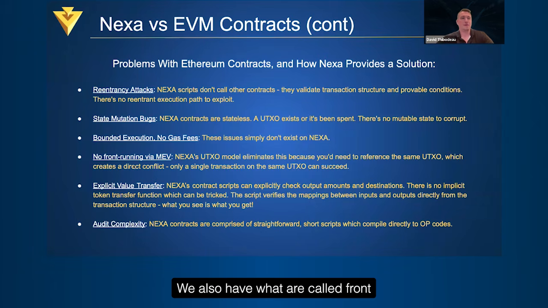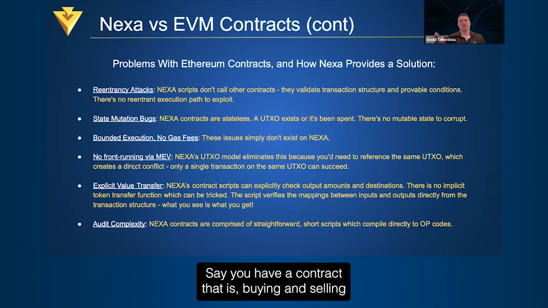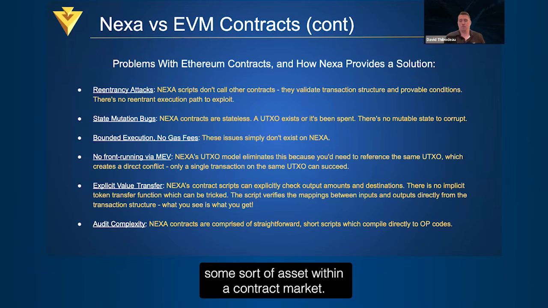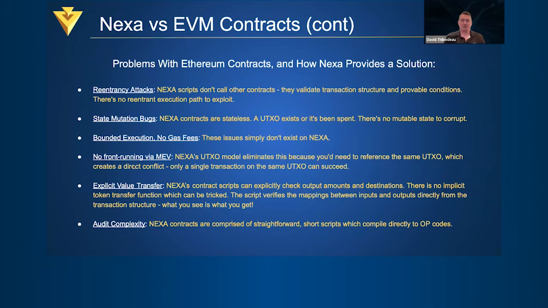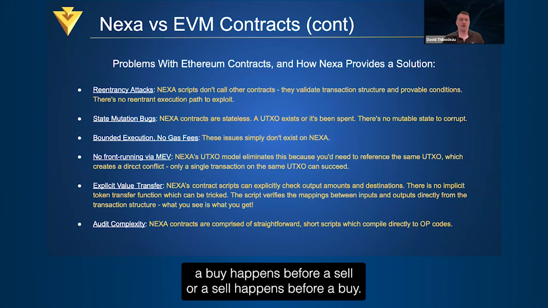We also have what are called front-running attacks, where miners can reorder in Ethereum smart contracts. Say you have a contract that is buying and selling some sort of asset within a contract market. Sometimes the market will do one thing and the prices can increase or decrease based on whether a buy happens before a sell or a sell happens before a buy.